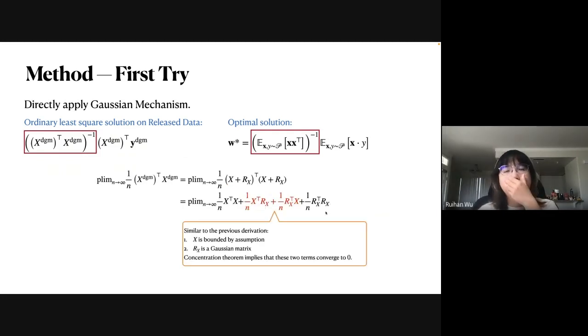Similar to the previous derivation, X is bounded, and Rx is a Gaussian matrix not related to n, and the concentration theorem implies that these two terms converge to 0.